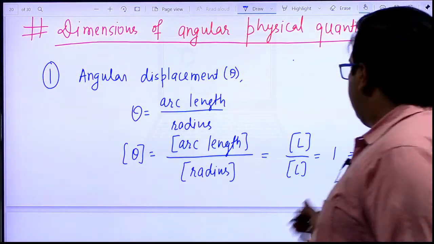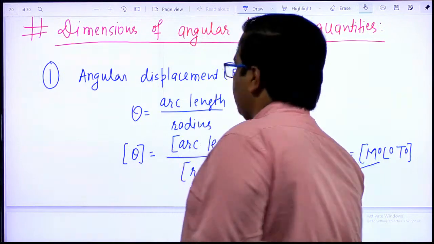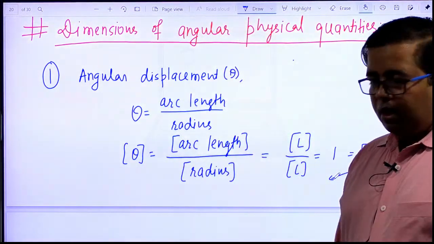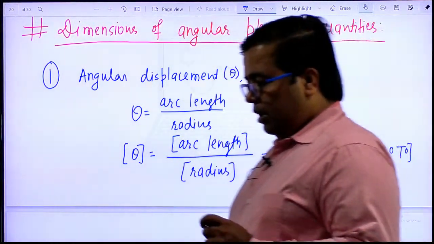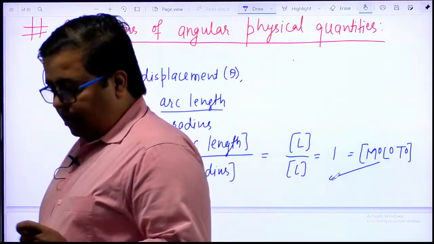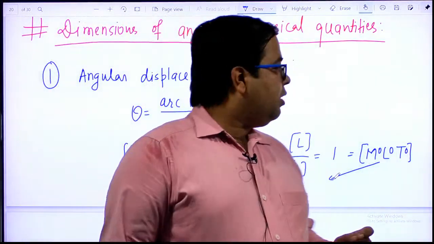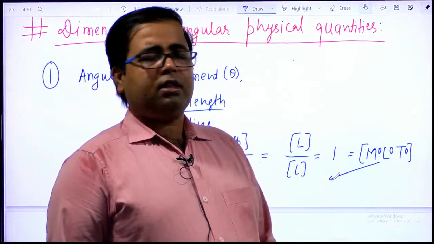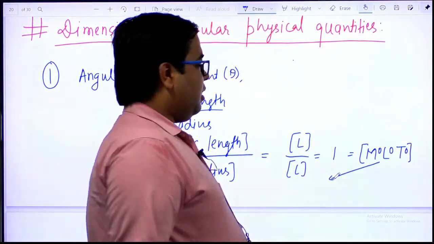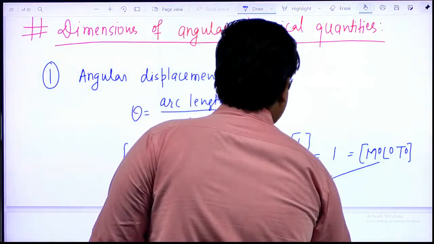This type of physical quantity, which has zero in length, zero in mass, zero in every fundamental quantity, doesn't have any dimension. We say it is dimensionless.